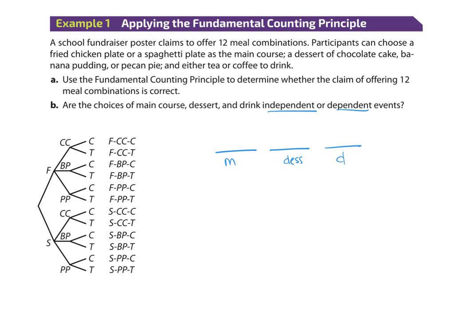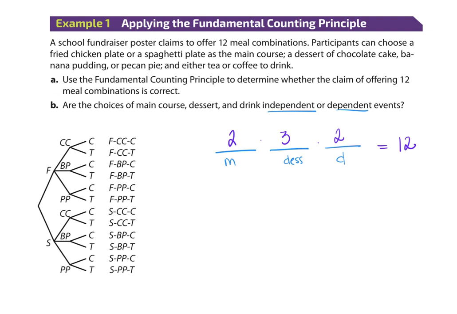And I'm going to put all the possibilities in there. I have 2 possibilities for my main course. I have 3 possibilities for my dessert, and I have 2 possibilities for my drink. And then you just multiply them. Right? That's the counting principle. Much easier than drawing a tree, by the way, just so you know.